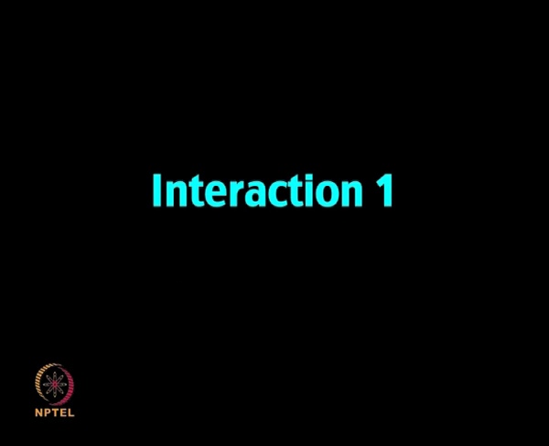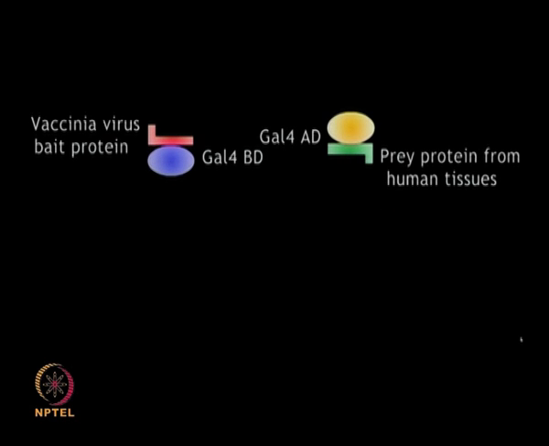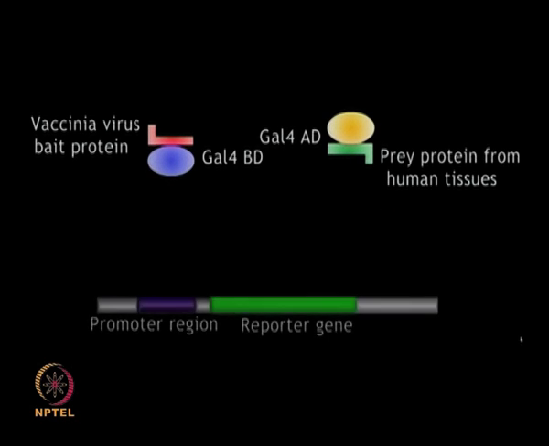Let me show you the yeast two-hybrid concept applied in one of the studies by showing this interaction. The yeast two-hybrid screening approach was used by Zhang et al. 2009 to study the protein-protein interactions between the vaccinia virus and human proteins.